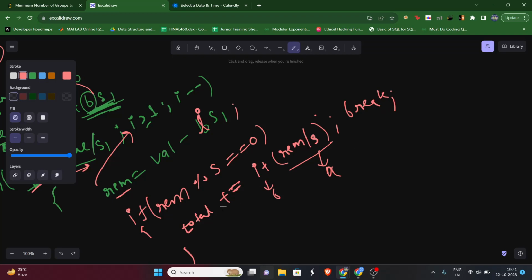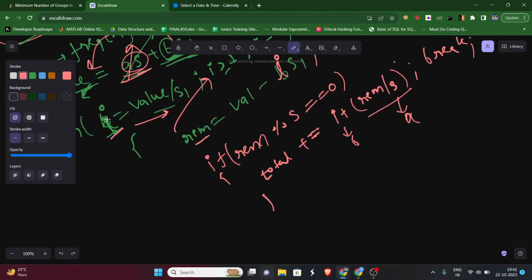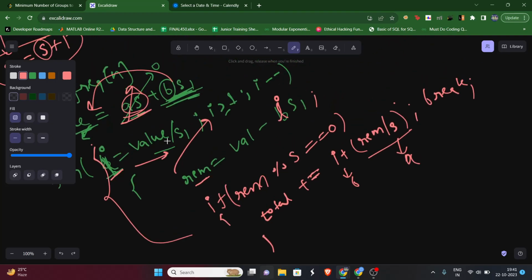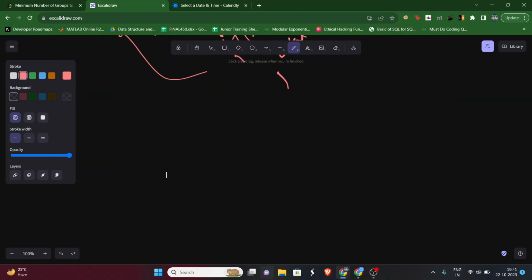Now this was to find for one particular value. Just to reiterate, for any particular value, which was the frequency of a number, we have to represent it as a of s plus b of s1, and we know how to find the optimized values of a and b.